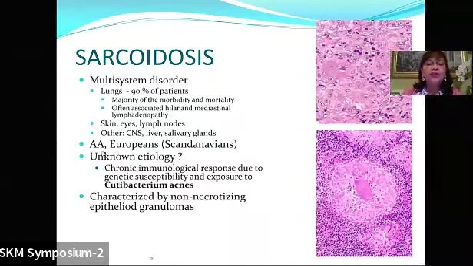It's well known that sarcoidosis is more common in African Americans as well as Europeans of Scandinavian ancestry. The etiology has long been suspected to be unknown, but there are a lot of reports in the literature and studies that point to immunological susceptibility in certain individuals to exposure to Cutibacterium acnes.